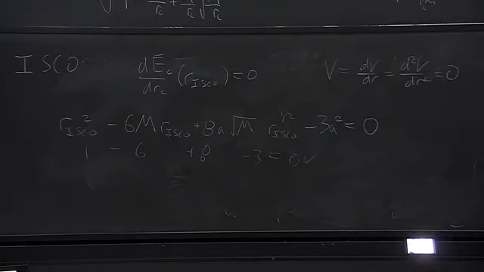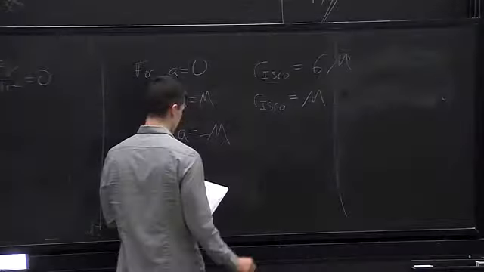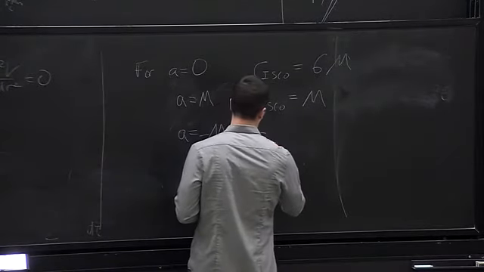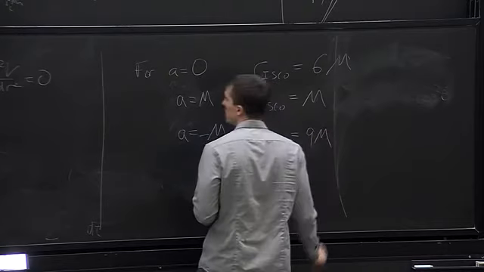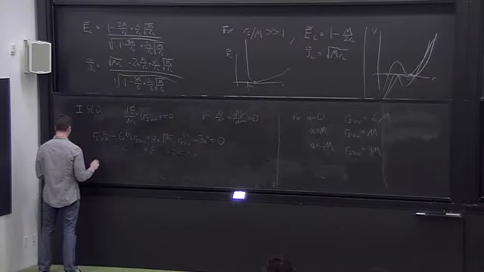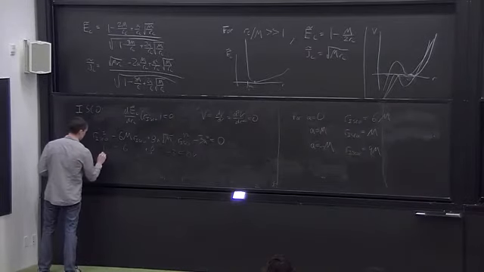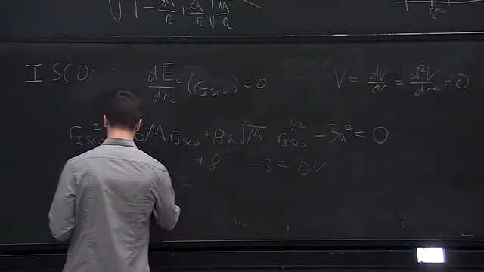And then consider the retrograde case. The answer there turns out to be 9m. So check that again. We get 9 squared is 81. And then 6 times 9 is 54.